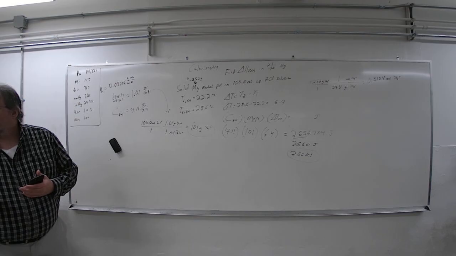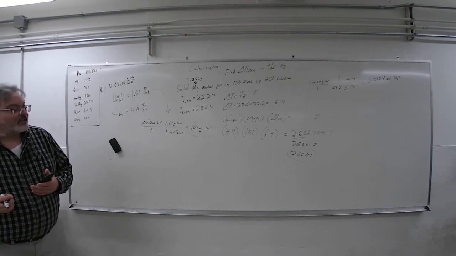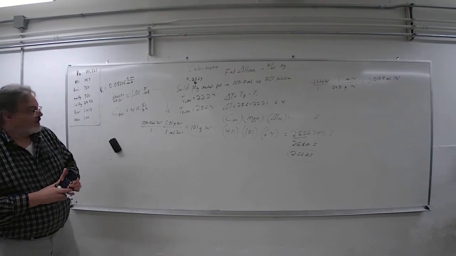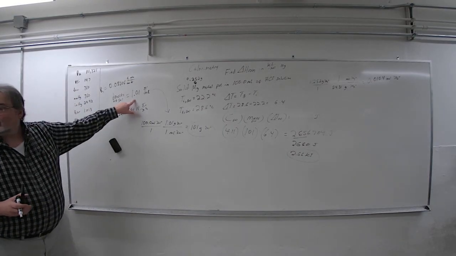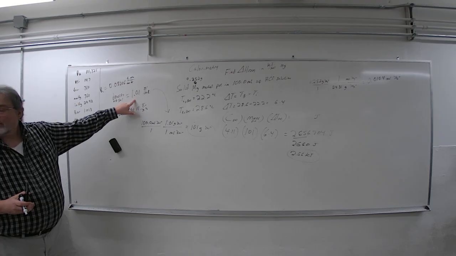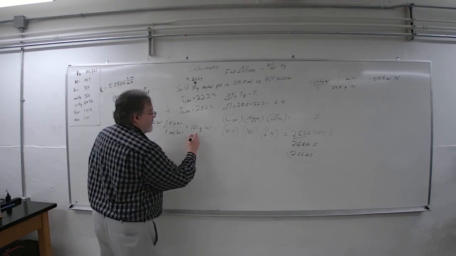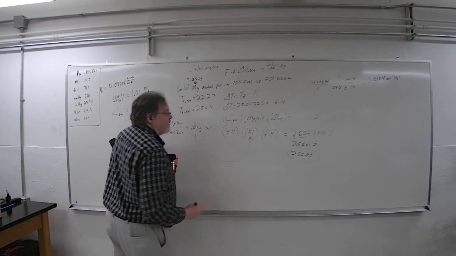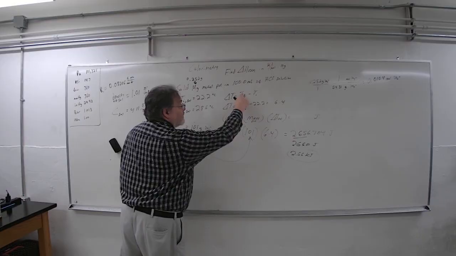So we have to solve it with the 101 first before we can look at the magnesium. Well, we solved this first, so we could put it in here. This was given, and this was calculated from the deltas.